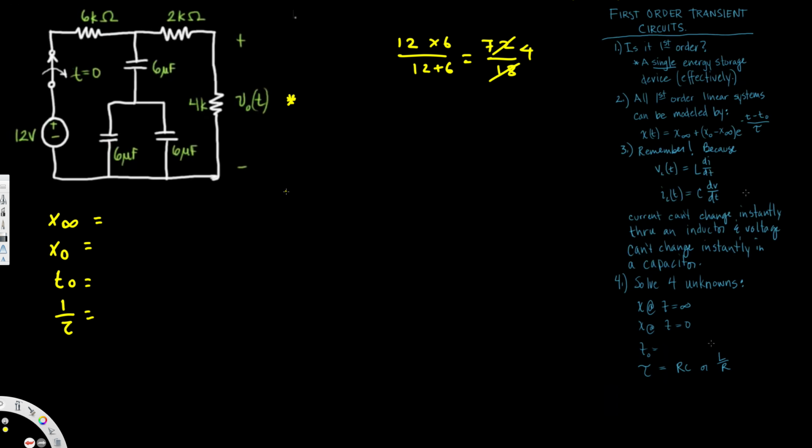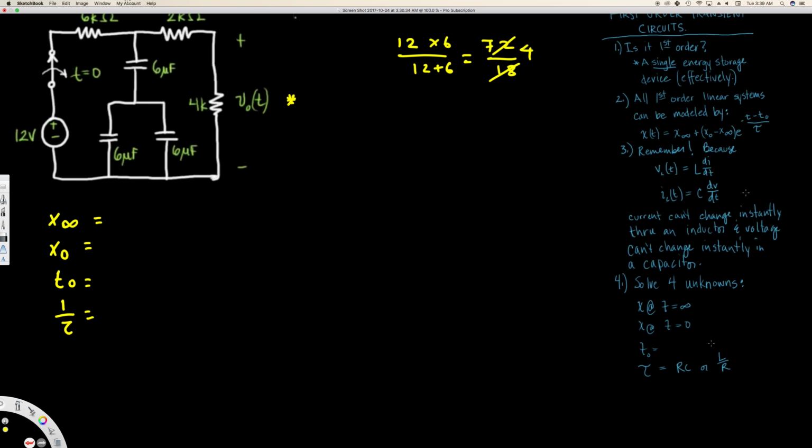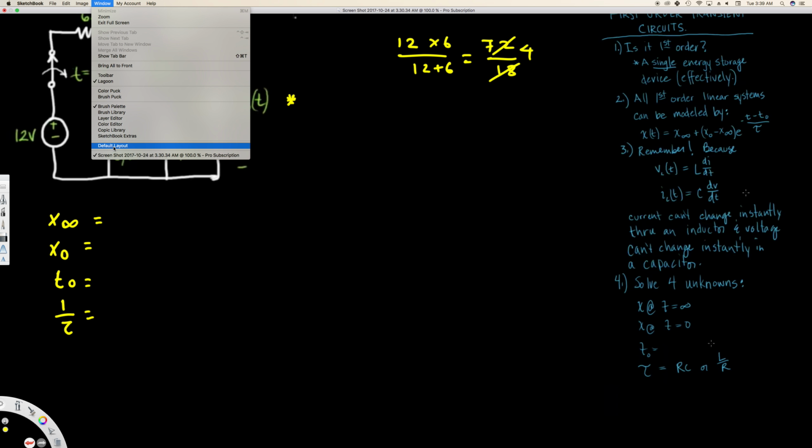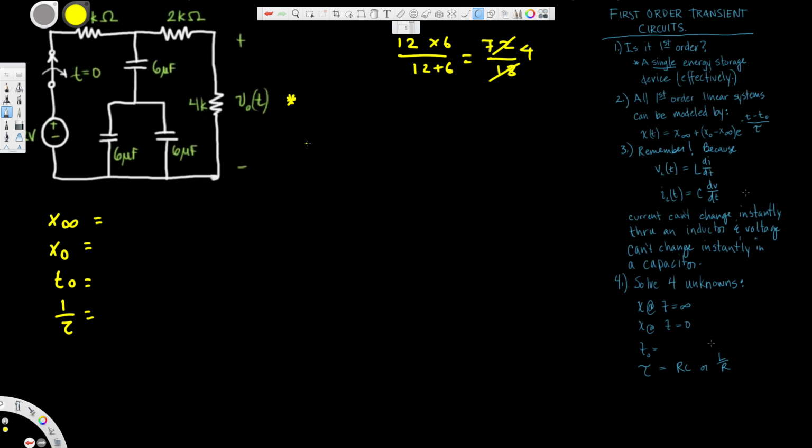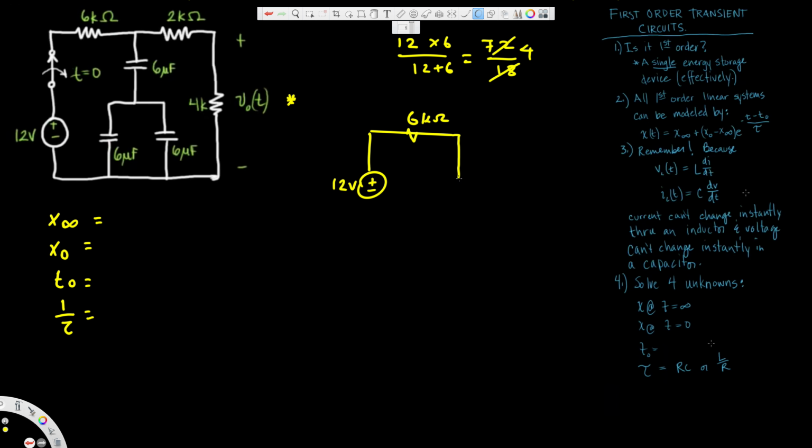Now we can go ahead and draw our new diagram. In the new diagram we are going to have this 12 volt source, this 6 kilo ohm resistor, and then I combined all these microfarads into one, so that's just 4 microfarad.